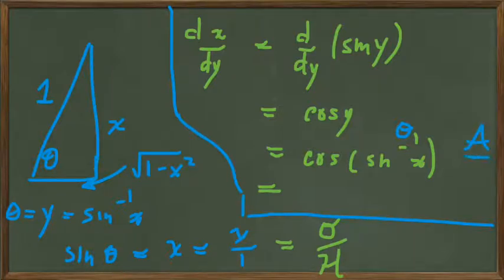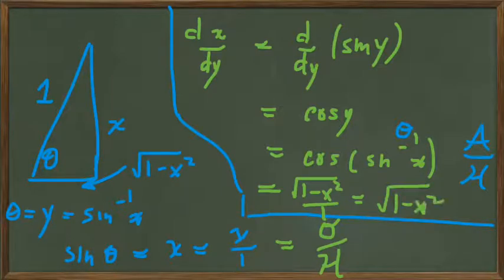And what is that going to be? The adjacent is, we just figured it out, the square root of 1 minus x squared, and the hypotenuse is 1. So dx/dy is this. Now remember what we were trying to find, though.